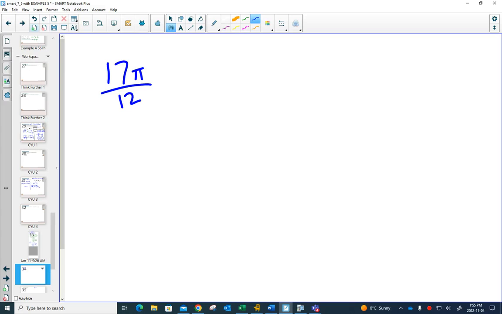Your job is to think of your unit circle. And you can use pi over 3, pi over 4, pi over 6, or any pi over 3, any pi over 4, any pi over 6. So maybe it works that this is 7 pi over 6 plus pi over 3.